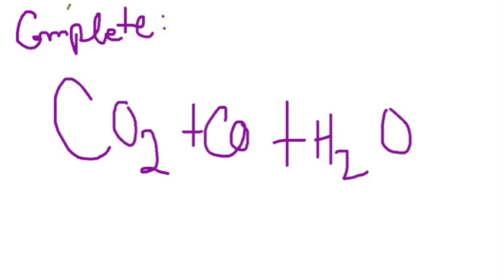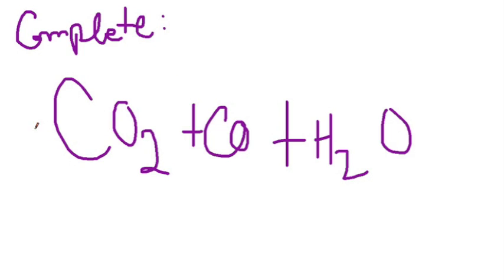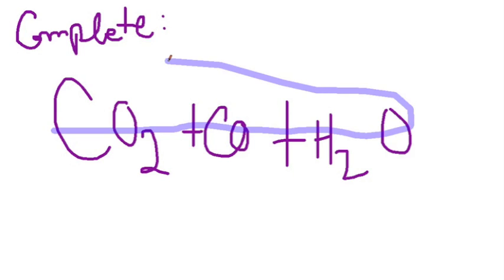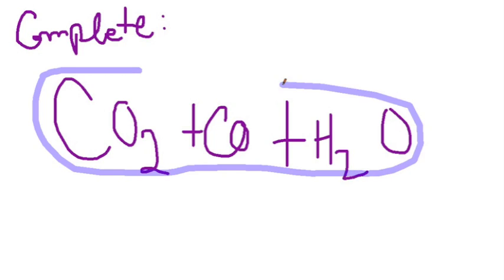Here's how you can tell if it's combustion. Complete formula, it has everything just filled in. It's super easy. You can just tell it's combustion because of how it's written and all of that.